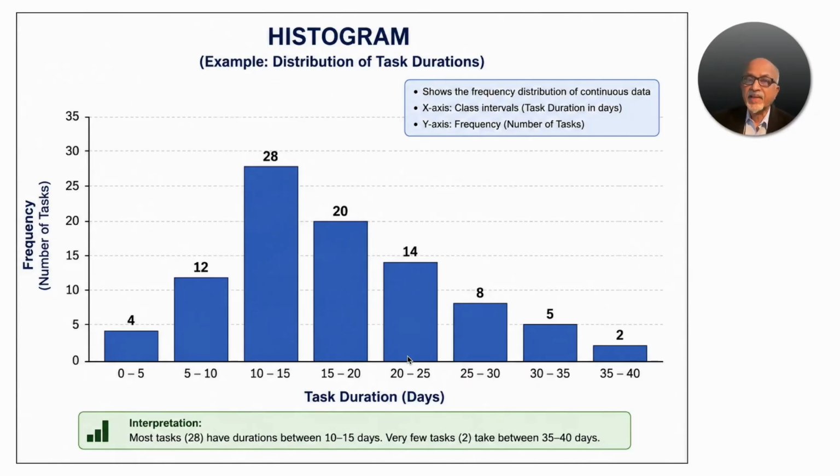So in this example, on the x-axis is the task duration, and on the y-axis is the frequency or the number of tasks. Depending on the scenario, what goes on the x-axis and the y-axis will keep changing. So this is a histogram.